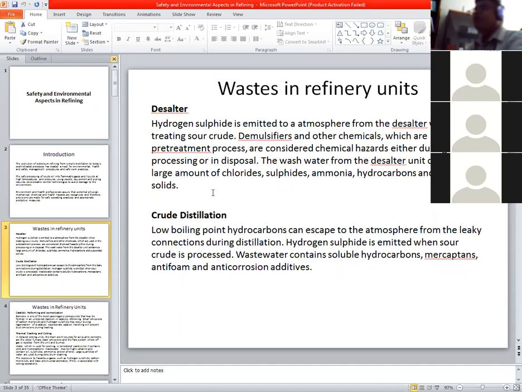If you do the analysis of the wastewater generated from the desalting unit, 1 liter of desalted wastewater may contain around 100 to 300 milligram of oil.